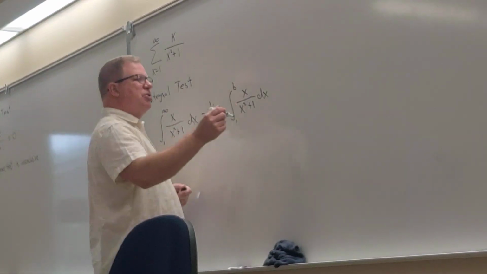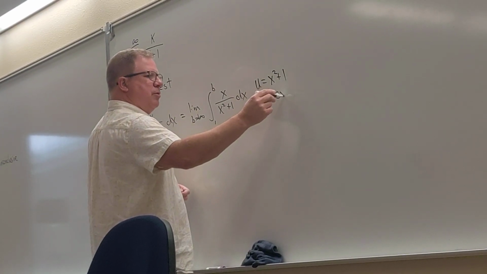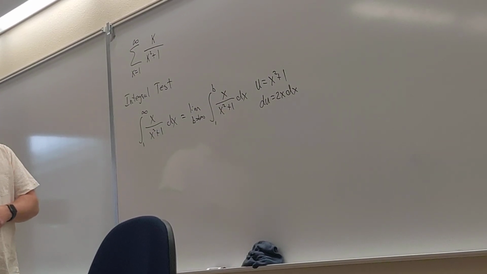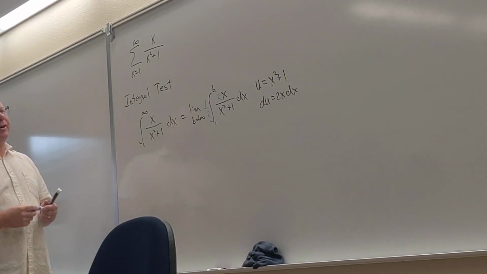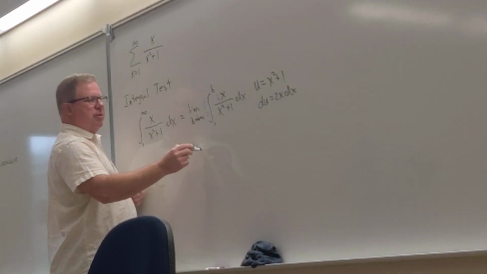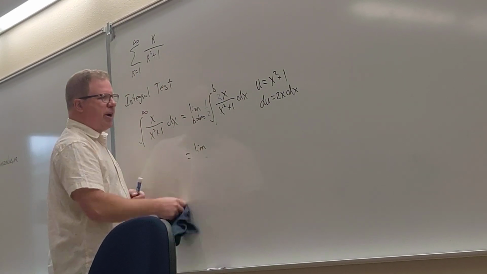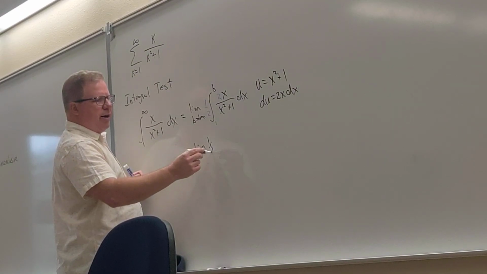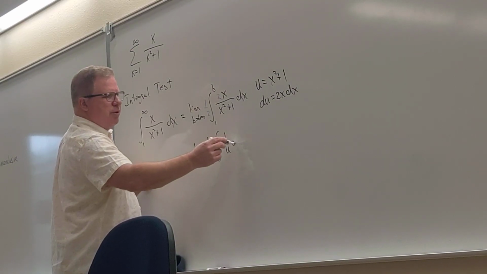This will require a u substitution. So du is 2x dx, so we need a 2 here, and we need to counter it with a 1/2 out there. So this equals the limit of 1/2 times the integral of 1 over u du.